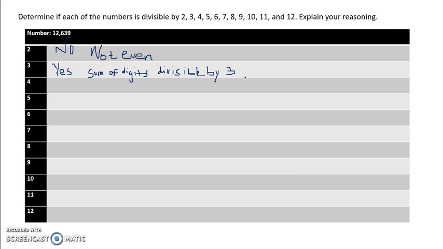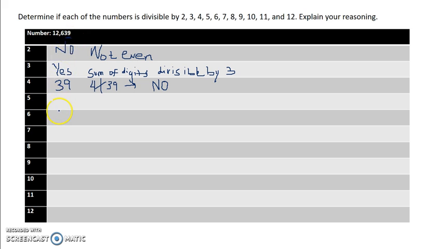Let's look at 4. For 4, we want to look at the number formed by the last 2 digits. The number formed by the last 2 digits is 39, and 39 is not divisible by 4. So I'm going to say no in this case, not divisible by 4.